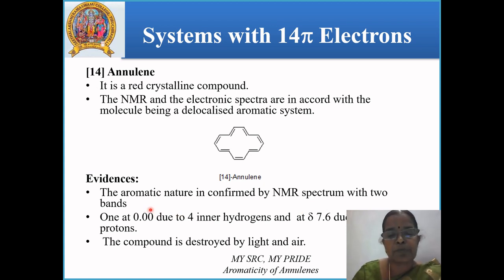But here two types of hydrogen are present, 10 outer hydrogens and 4 inner hydrogens. The 4 inner hydrogens show a delta at 7.6. The compound is destroyed by light and air. But this compound is an aromatic compound.